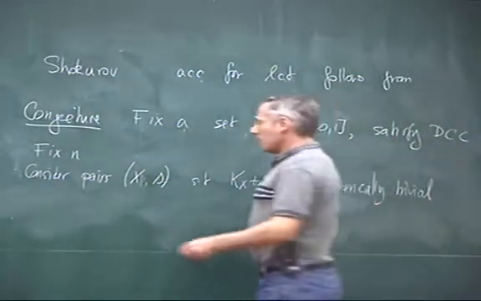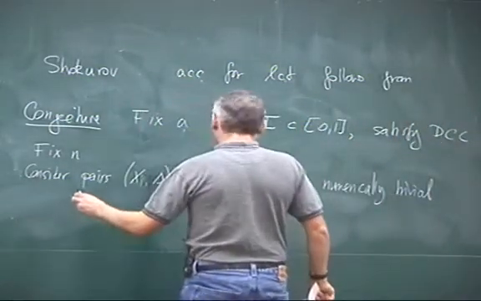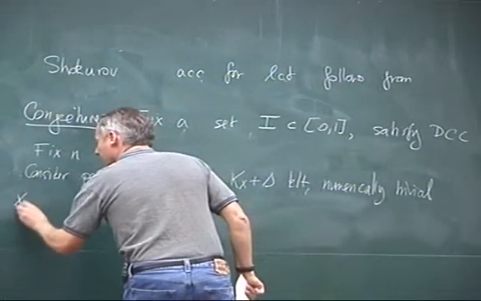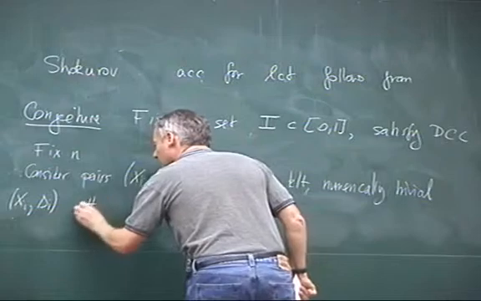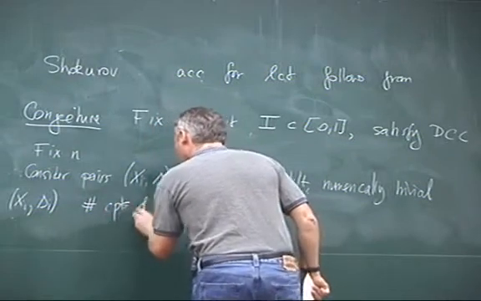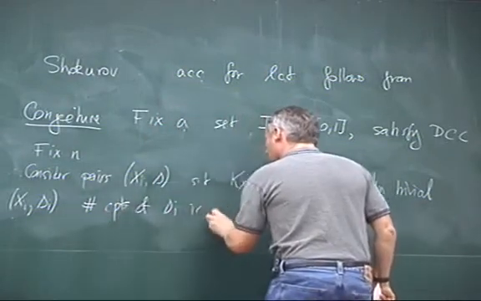And then the point is that if you have an infinite sequence (X_i, Δ_i), then the number of components of Δ_i is increasing.